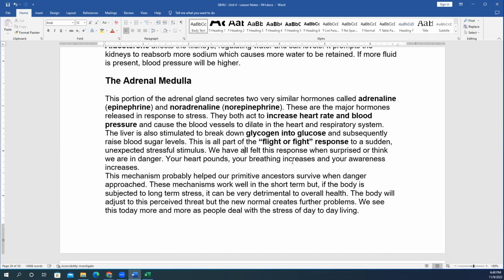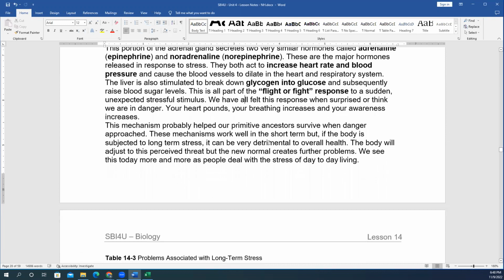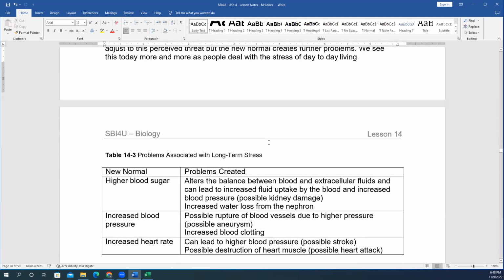But these conditions just lead to more long-term problems. And this is something that is observed more and more today as more people deal with stress within their day-to-day life, in that many people are under this type of long-term stress.